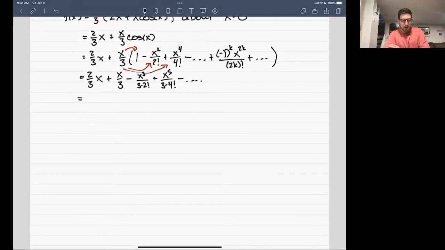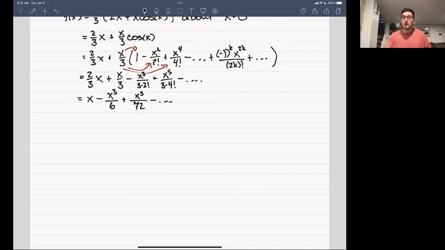Now I have 2/3 x plus 1/3 x. That gives me a nice x at the front. Then minus x cubed over 3 times 2 factorial, that's going to be 6. And then plus x to the 5 over 3 times 4 factorial. You might have to use a calculator for that, but it's 72.